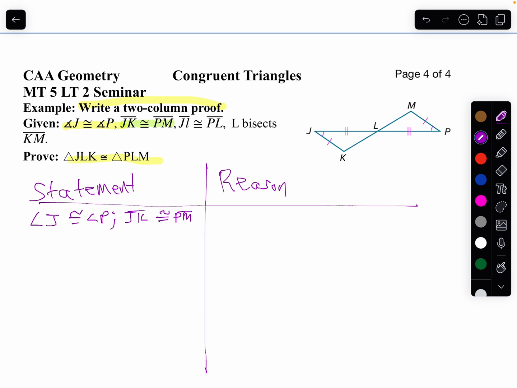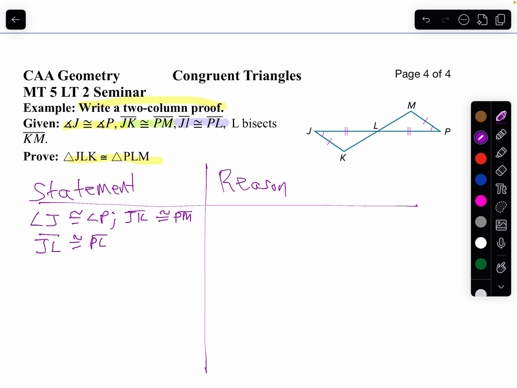I'm told JL is congruent to PL, and that's marked for me. So notice I've already got two sides and one of the angles congruent.